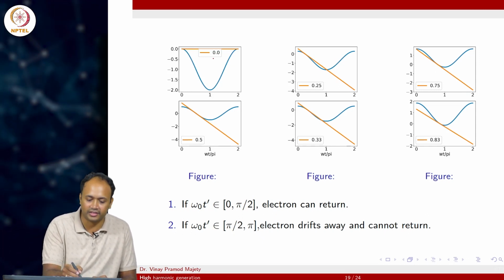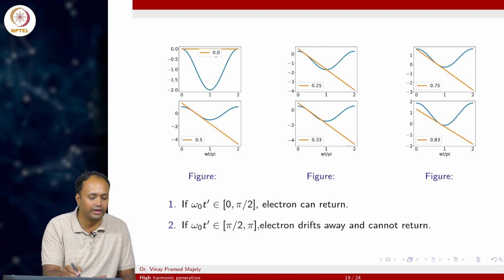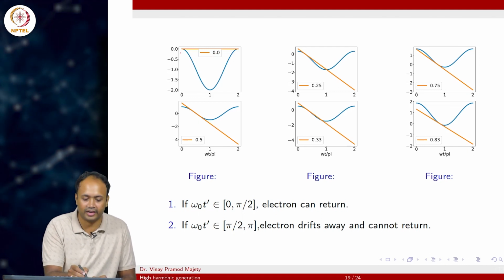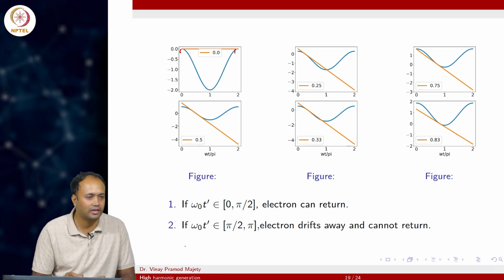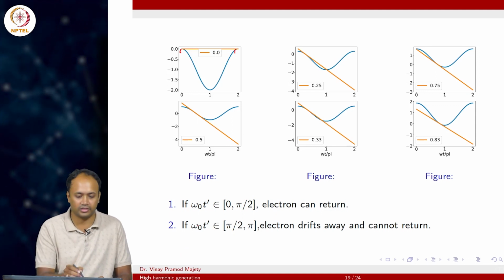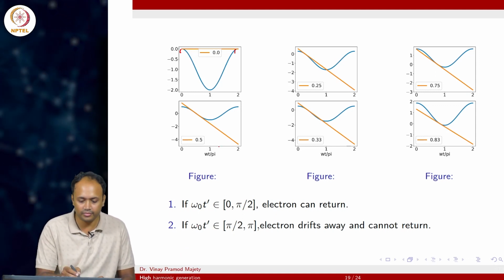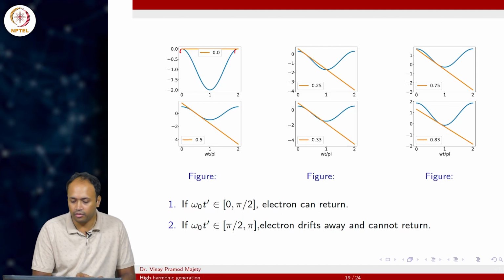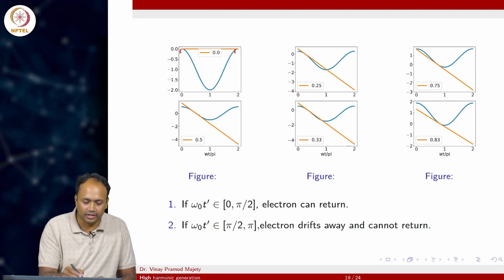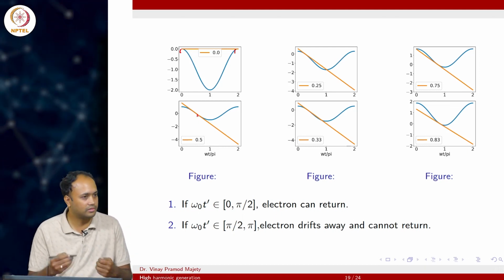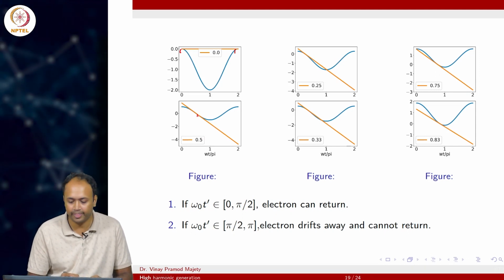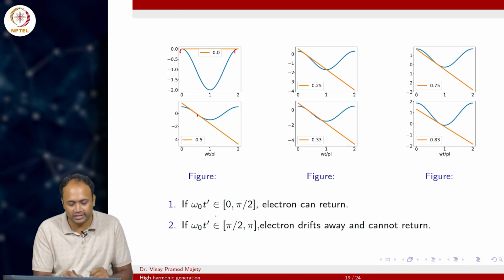So, let us look at this again, t equal to 0, right. You see that it starts here and then it recombines after 2 pi, it is plotted in terms of pi, the x axis. Now, if I have pi by 2, there is only one intersection point, it just starts and recombines at the same time. Now, you can classify these trajectories into two parts.